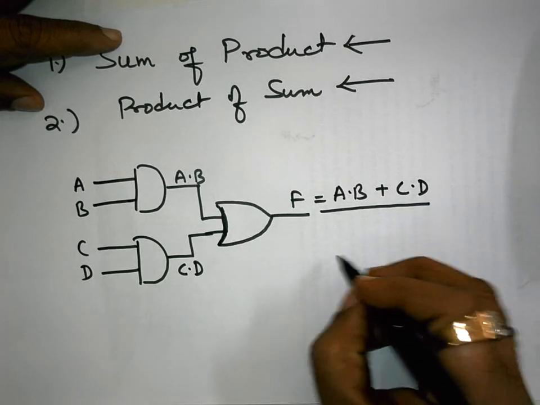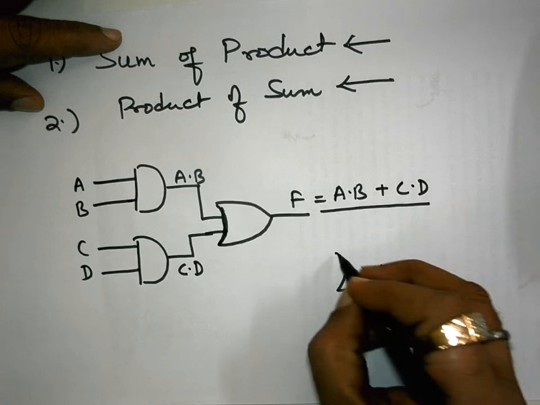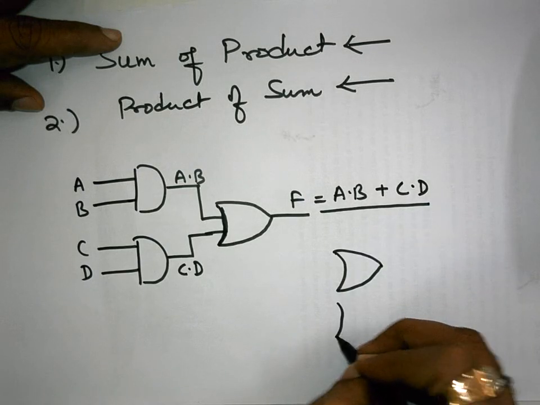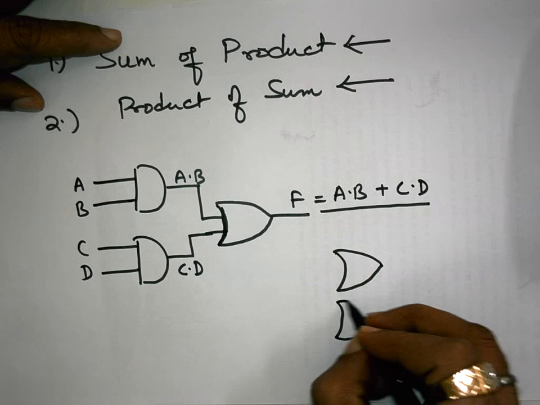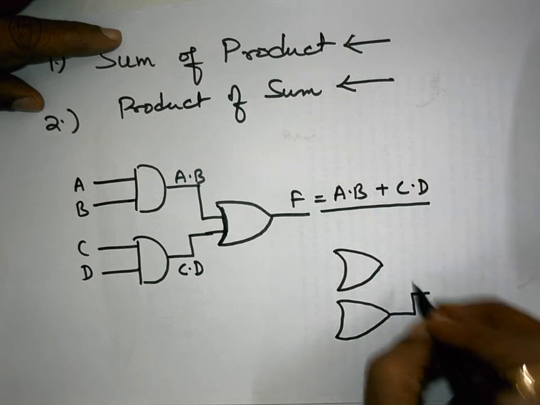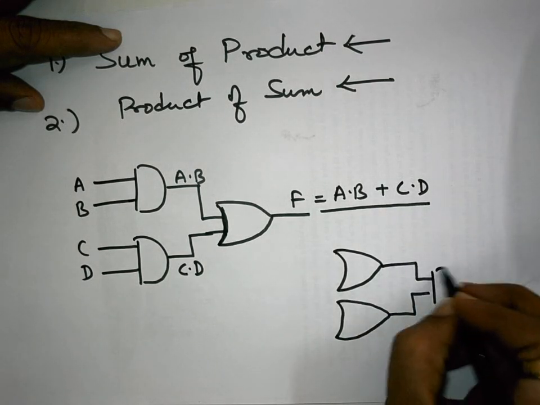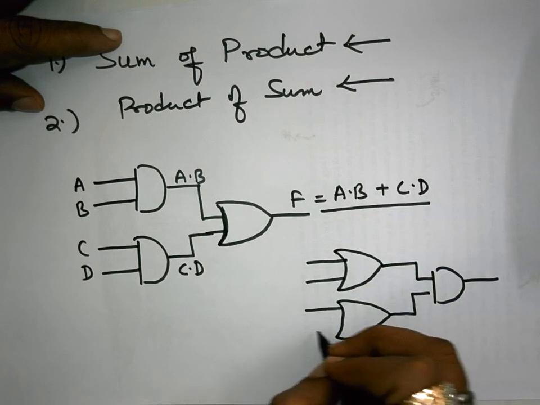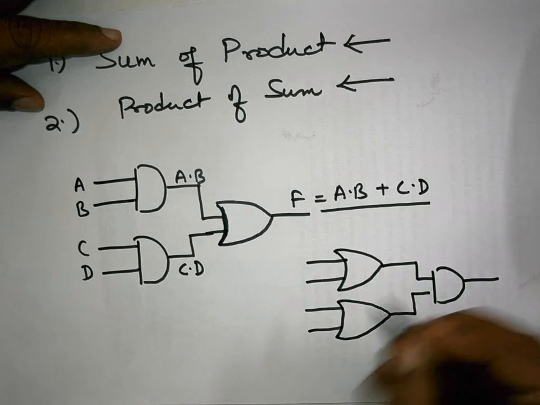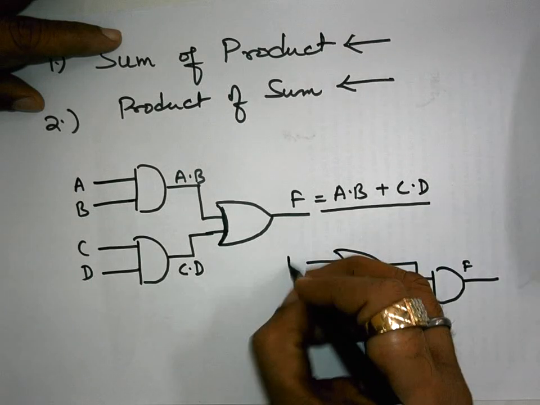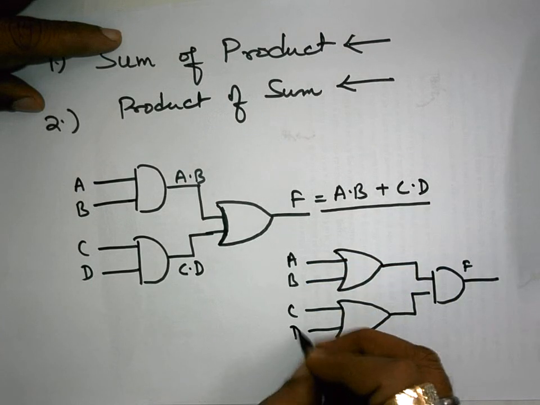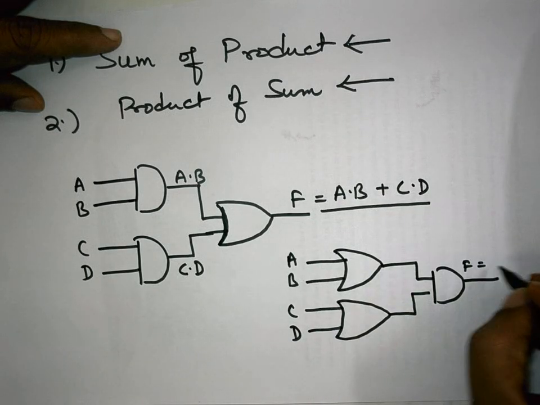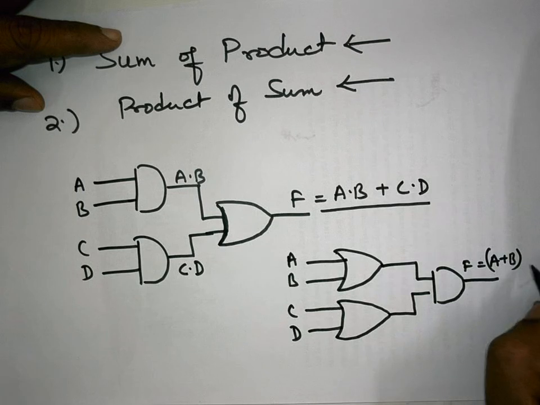Suppose I realize a circuit like this, meaning the ultimate output is obtained from the AND gate. If it is obtained from an AND gate, which is fed by OR gates, here suppose the inputs were A, B, C, D. So naturally F is equal to (A plus B) dot (C plus D).